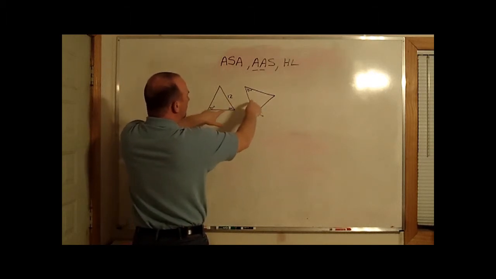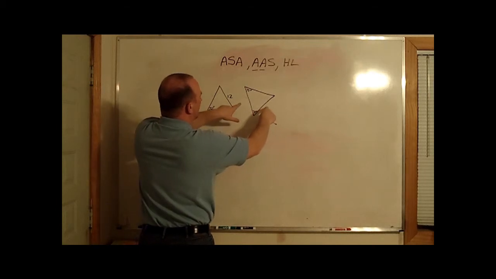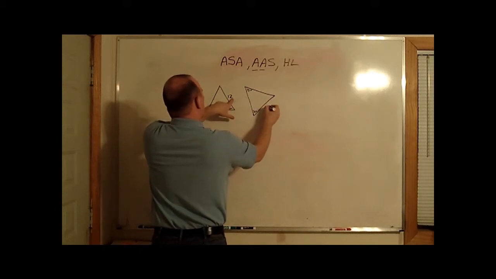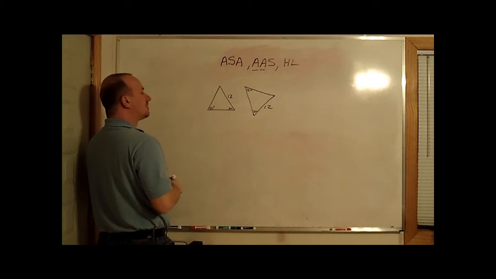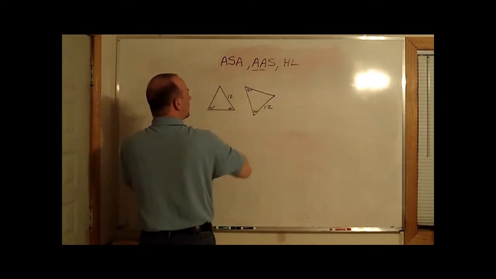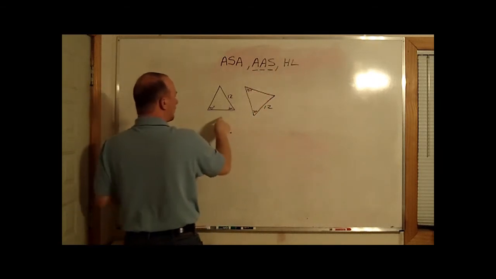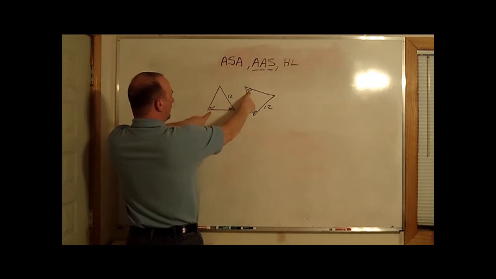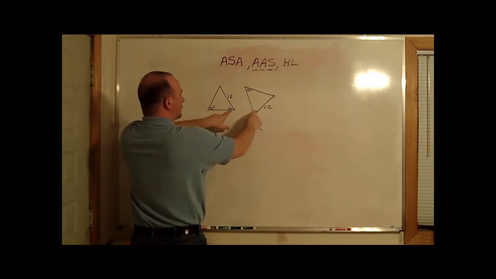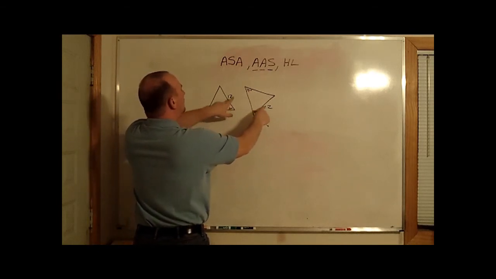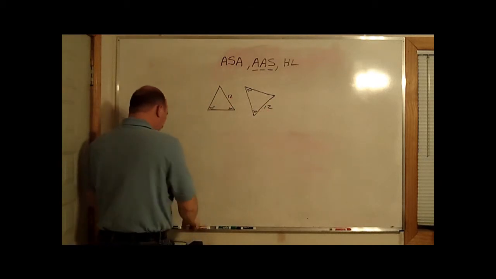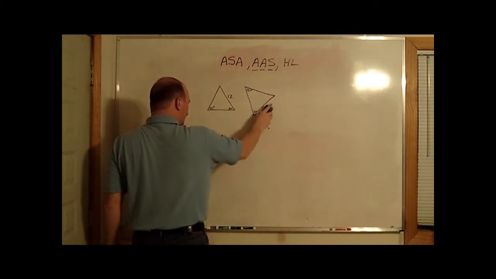So we need angle, angle, and then the side right after that. So these two triangles are congruent by angle, angle, side. So it follows that here's angle 1, then next is angle 2, and then right after that we get our side.